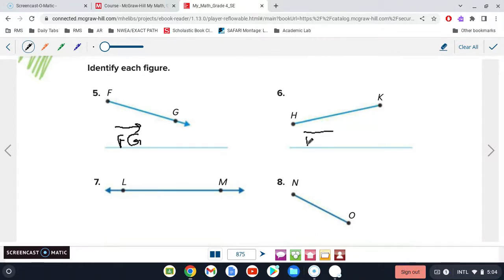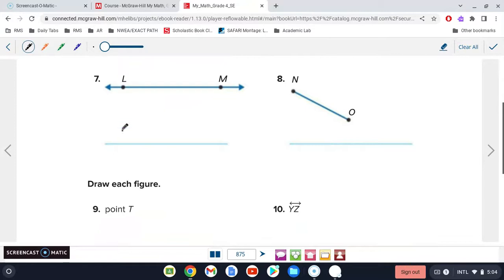So just a line, nothing on the ends. And then 7 was line LM, so arrows. And 8 was line segment NO, so nothing on the ends, just a line.